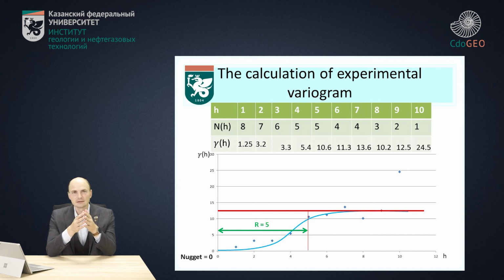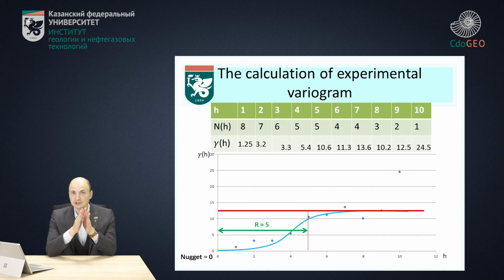What does it mean when the distance is equal to 0? That means we're going to compare the value of porosity in this well with the value of porosity in the same well. But what's going to be the difference between the values of porosity in a single well? The difference is going to be 0 because it's the same value.